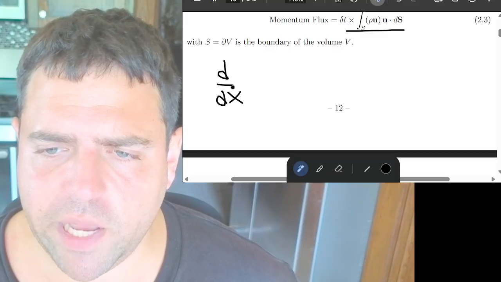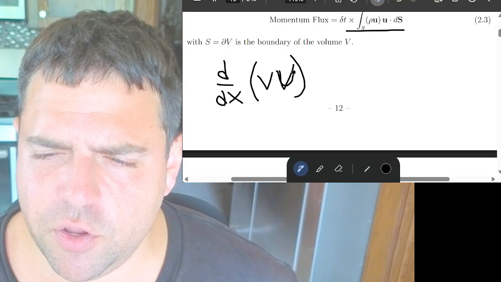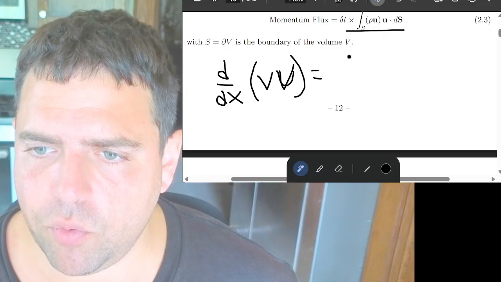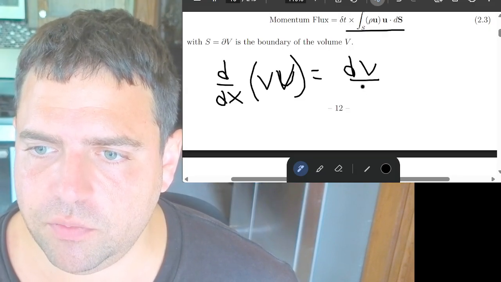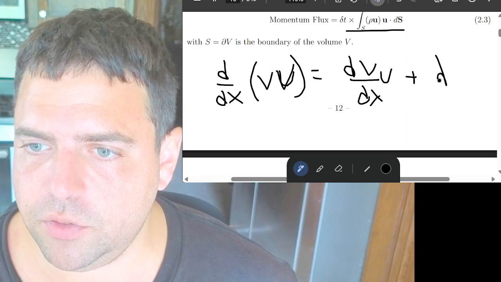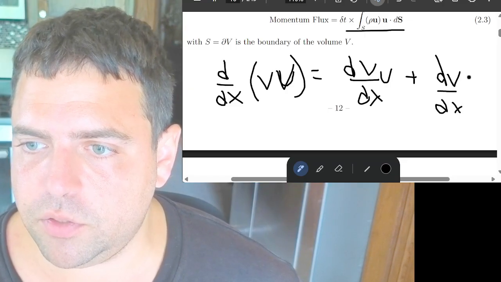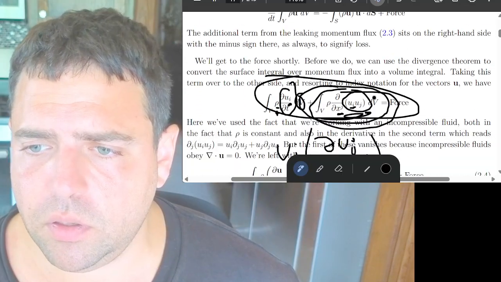Remember from first year calculus, you have these two functions multiplied by each other, v and u, and the rule is that you take dv/dx times u, and then you take du/dx times v. That's just what we're doing here. It's no more complicated than that, actually.